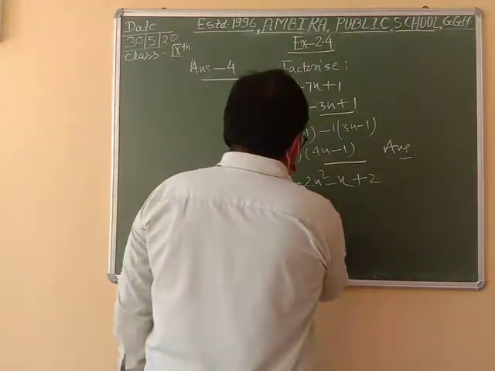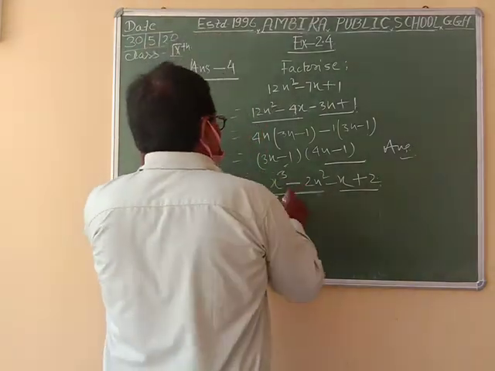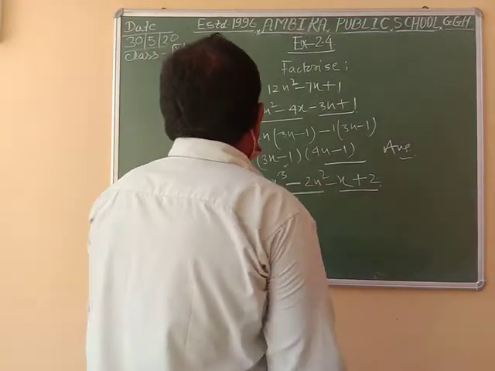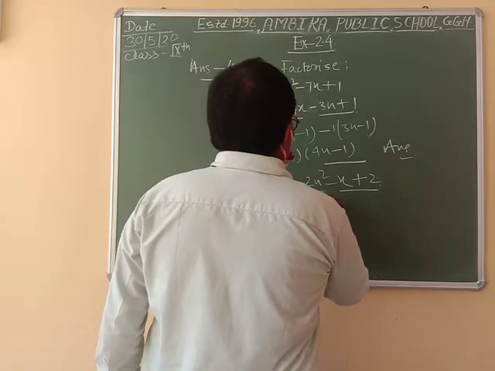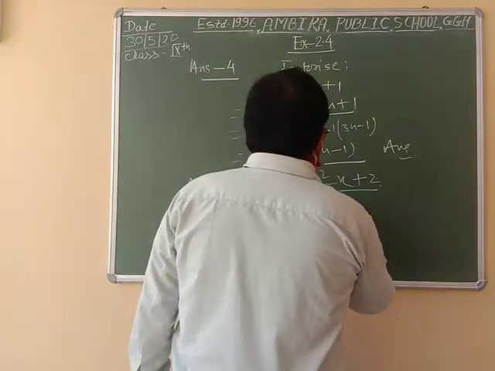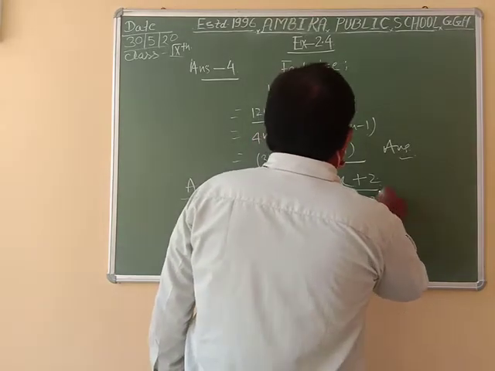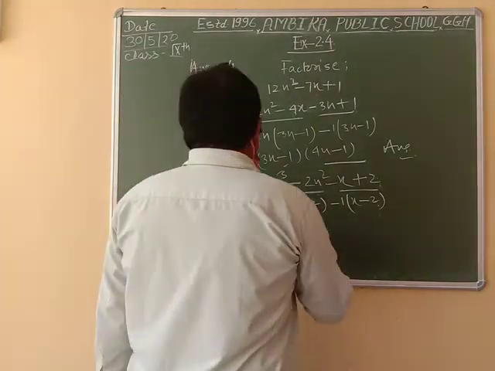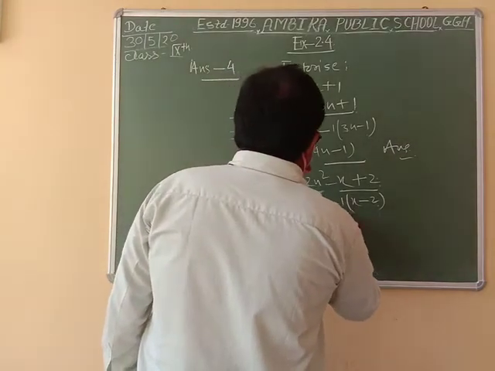Here we see that in the first two terms we take common x square. Taking common x square, we have x minus 2, and in the last two terms we take common minus 1. We have x minus 2. Here x minus 2 is a common factor, so we write x minus 2 and the rest factor is x square minus 1.